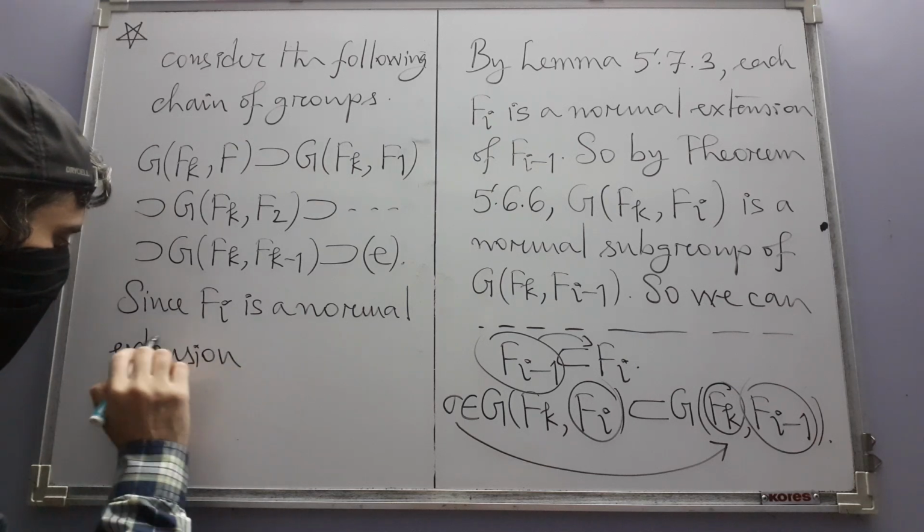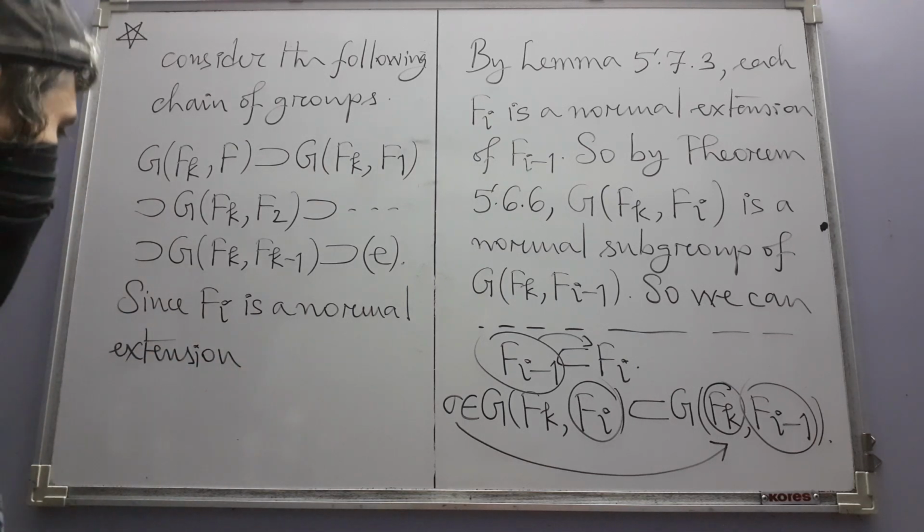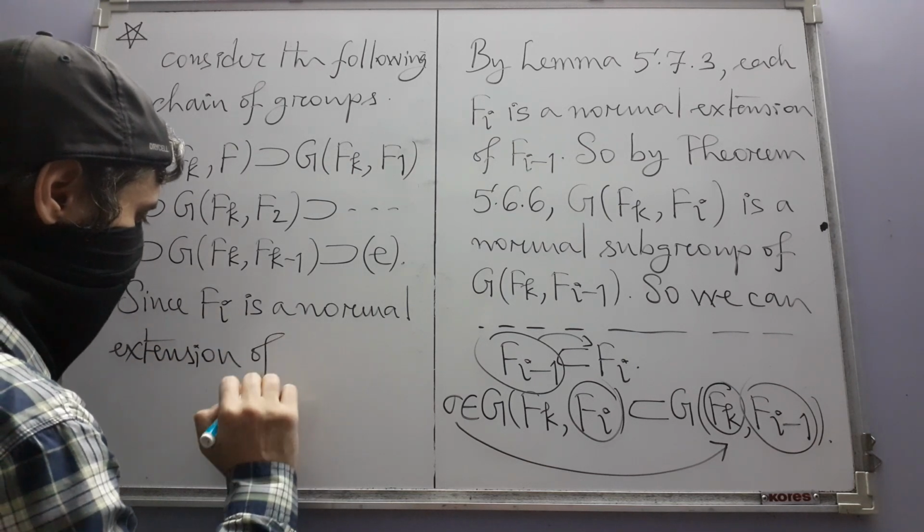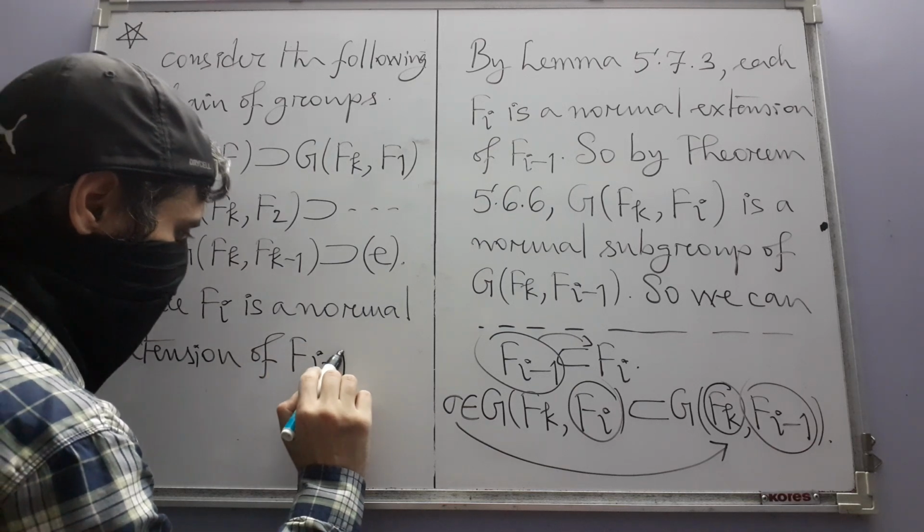It is very easy to confuse groups with fields. Fi is a normal extension of Fi minus 1.